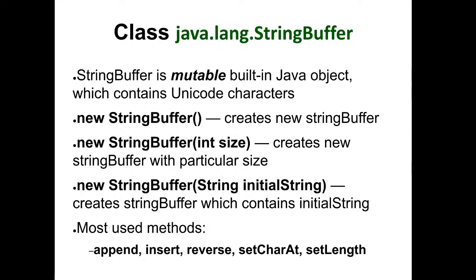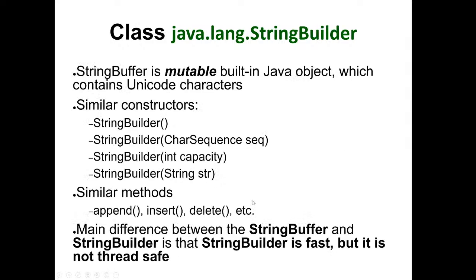With Unicode characters, you can initialize a StringBuffer with a constructor which creates a new value with a particular size, right? Then you can provide an initial string the same way, and it has some methods like append, insert, reverse, and so on and so on.